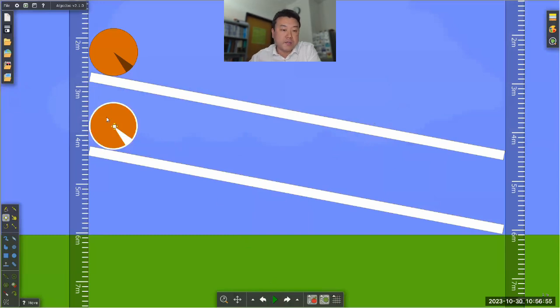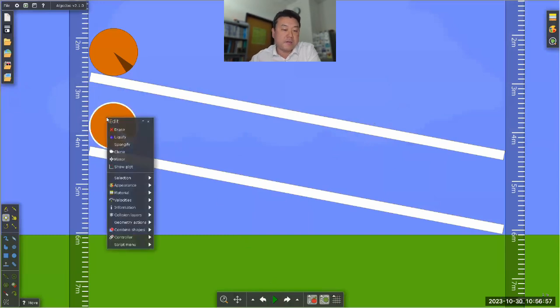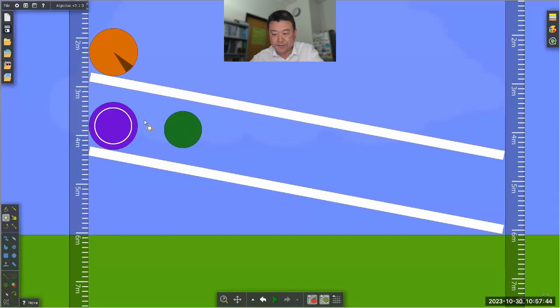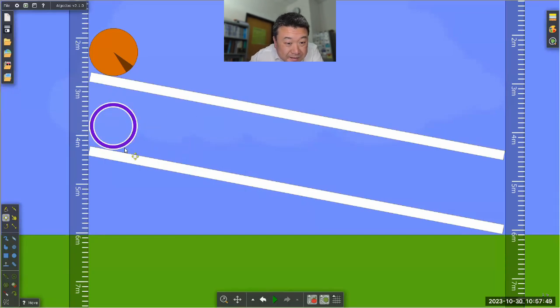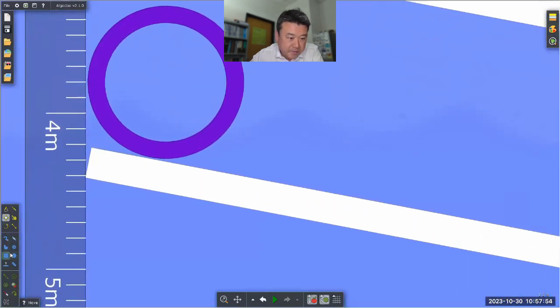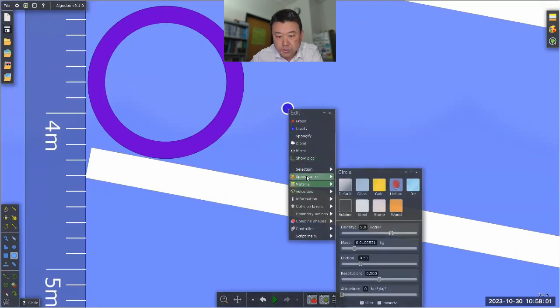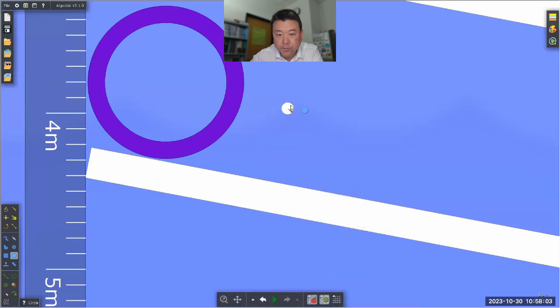So I'm going to replace one of these with the ring shape instead of the disk distribution. Good. Okay, so I cut it. I do need some marker to tell me if it's rotating or not. So I'm going to make my own marker that tells me which point of the ring is where.